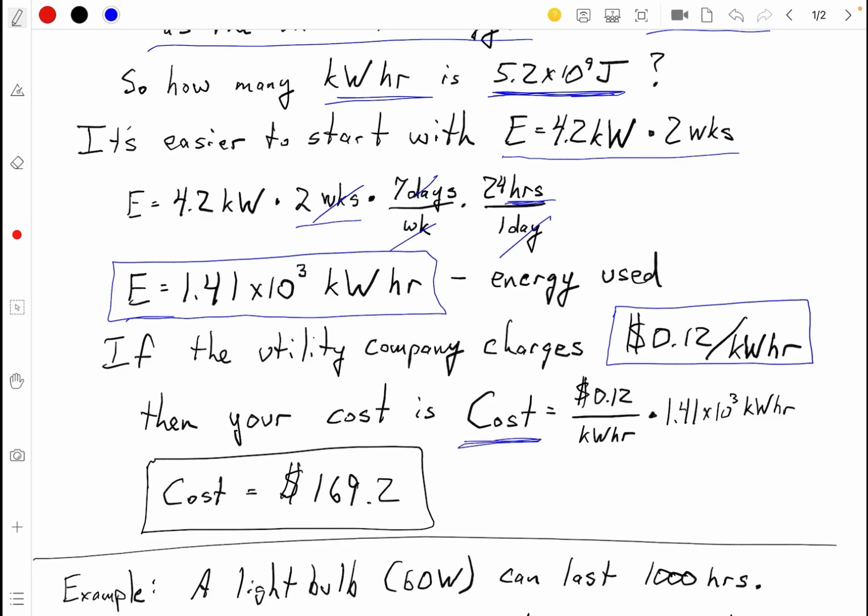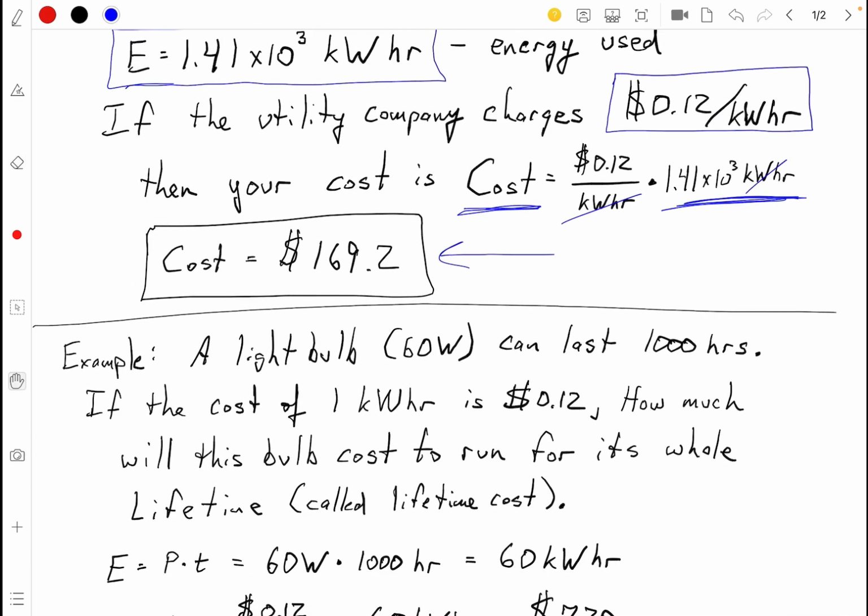Our total cost is going to be that times the amount of kilowatt hours that we used, of course. So the kilowatt hours are going to cancel, and we're left with our dollars. And wow, if you only did 2 weeks, your monthly cost is going to be 2 times that. And 2 times 170, that's $340. That's a lot. You got to cut back on your energy usage. I don't know why you use so much. Okay, well, maybe that's just us.